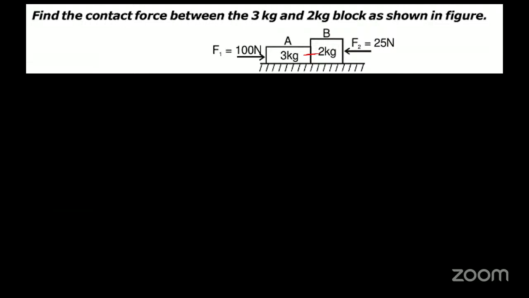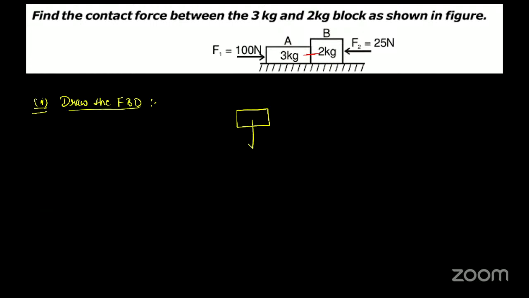The very first thing we are going to do, to solve any question in NLM, the first step you will take, is to draw the FBD. So first of all we will draw the FBD. If you talk about the FBD of the 3 kg block, this is the 3 kg block.